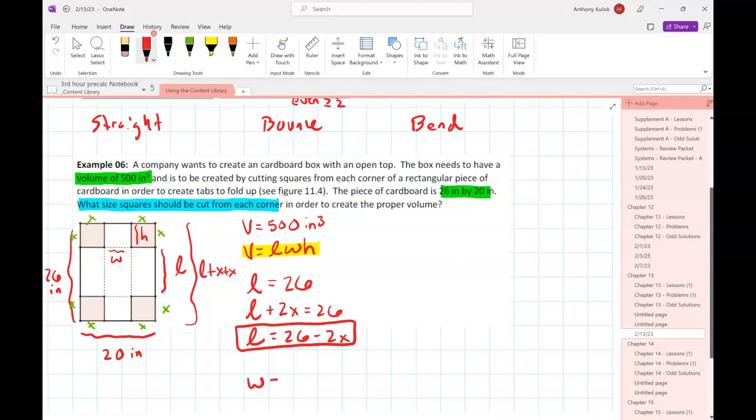What can we say about the width? Okay. And how do I get that 20 side? X plus W plus X is equal to 20.